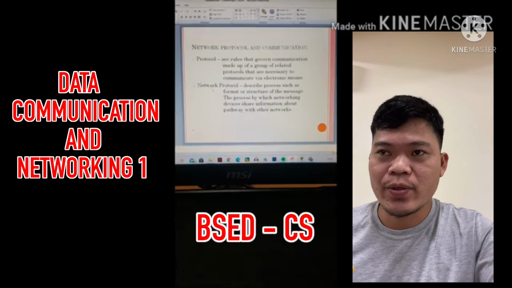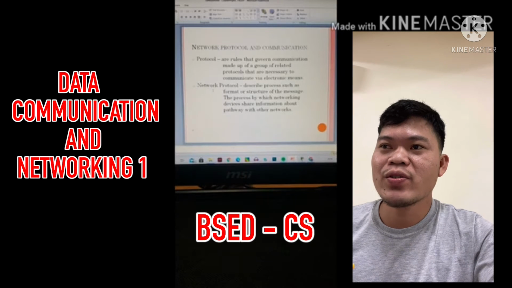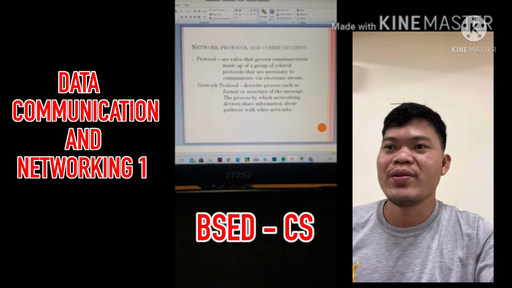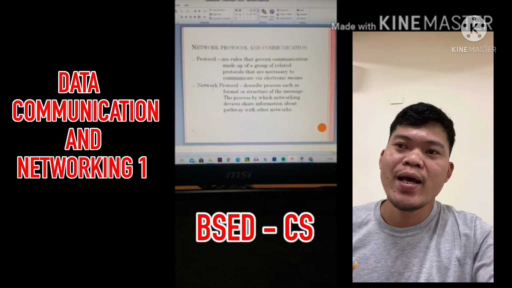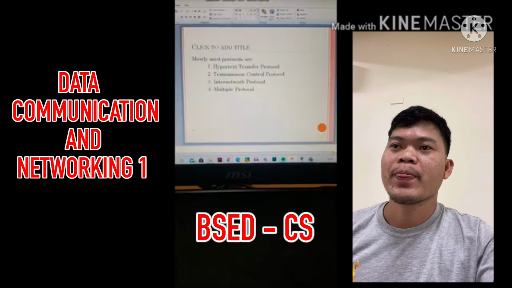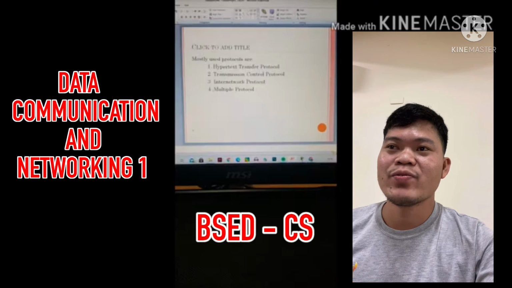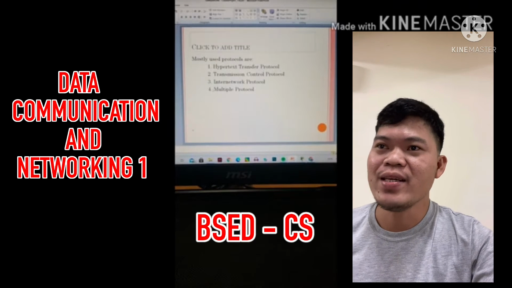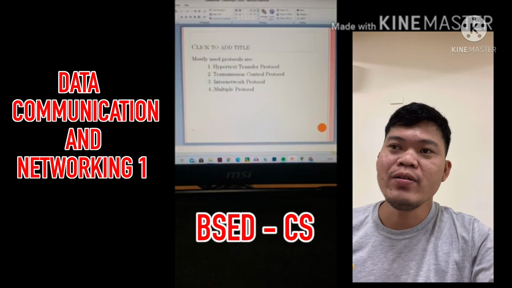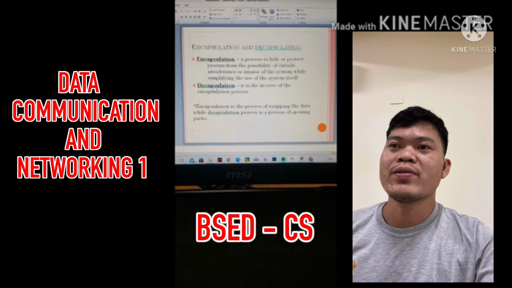Network protocols describe processes such as the format or structure of the message, and the process by which networking devices share information about pathways with other networks. Next, we have the mostly used protocols nowadays: the Hypertext Transfer Protocol, or HTTP, the Transmission Control Protocol, Internetwork Protocol, and multiple other protocols.